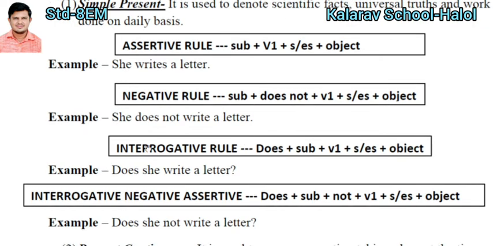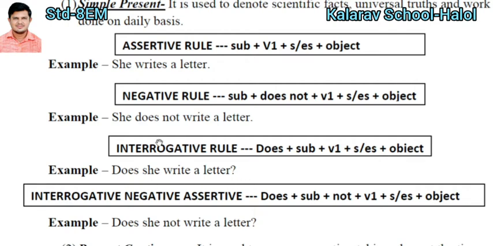Now number three type of sentence is the interrogative sentence. Interrogative sentence means question type of sentence. If you are making an interrogative sentence, do or does comes first in simple present tense. Then the subject, then the main verb, and lastly the object.